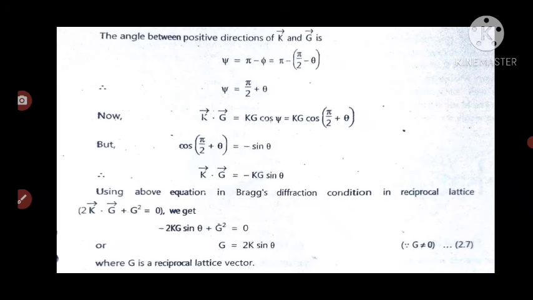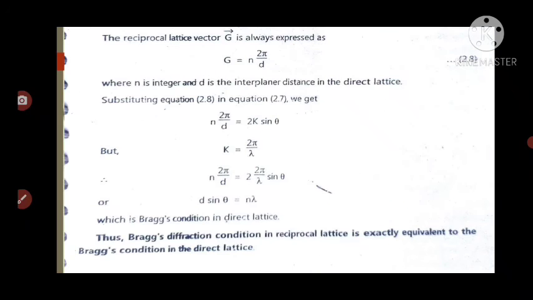Doing this calculation, we obtain the equation n lambda is equal to 2d sin theta, because the reciprocal lattice vector value g is equal to n into twice pi by d, and this value taken in equation 2.7 gives the final equation n lambda is equal to d sin theta.